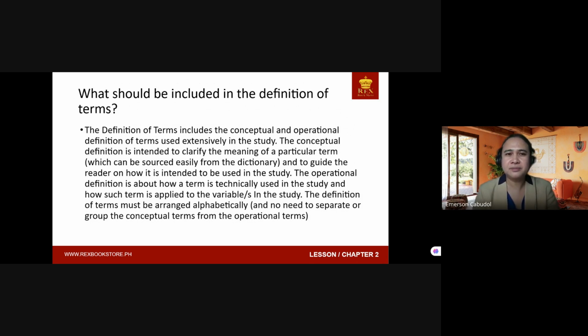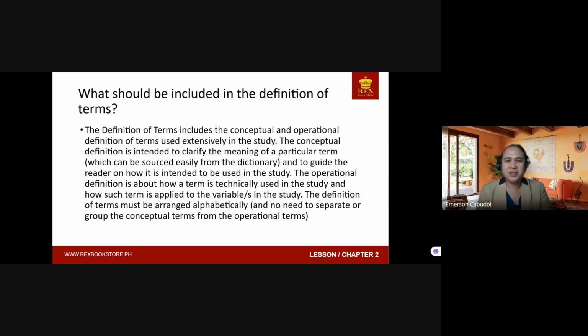Another example, employee engagement. Conceptual definition, the emotional commitment the employee has, actually embodies to the organization and its goals. So that's the conceptual definition of employee engagement. You're engaged. How much are you engaged?